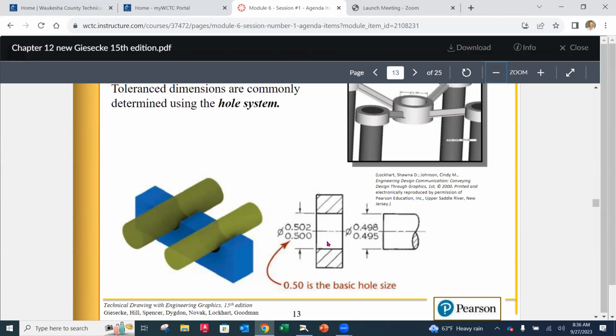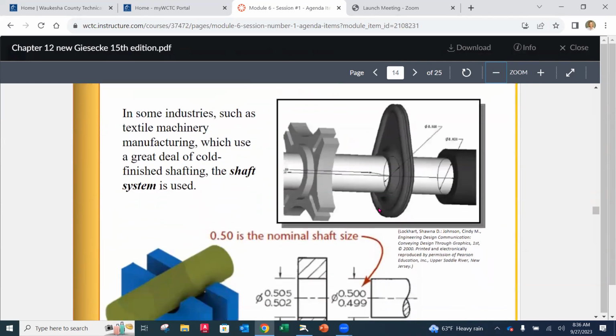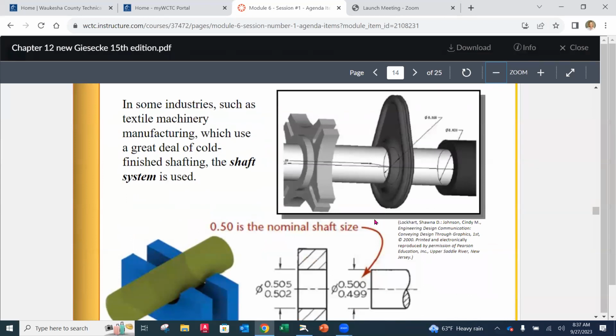Okay. So my nominal size is going to be 95% of the time, 98% of the time on the hole. That's called the hole system. Okay. And then any variation is going to go on the shaft because I can turn this down. When I look at the next slide here, this is where we call this the shaft system.